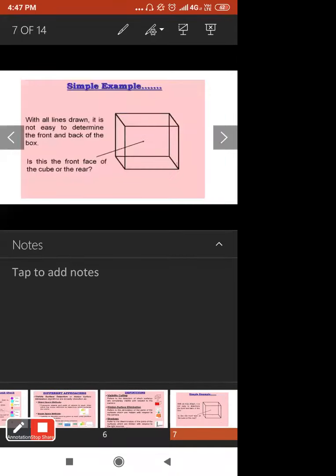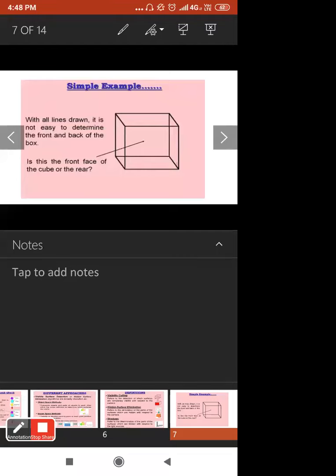With this simple example you can get a basic idea. Here you can't tell which are the front faces and which are the hidden or back faces. With all the lines drawn, it is not easy to determine the front and back of the box.